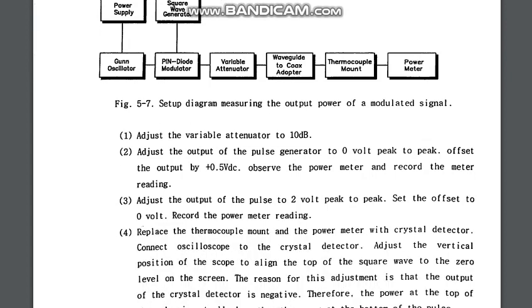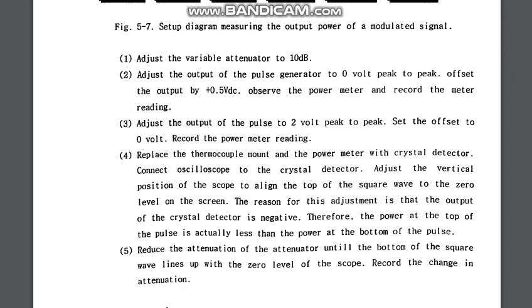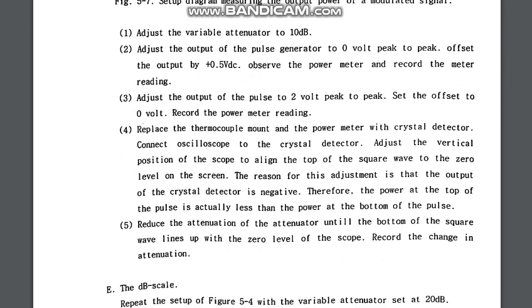The variable attenuator should be at 10 decibel. Adjust the output of the pulse generator to 0 volt peak to peak, offset the output by +0.5 volt DC, observe the power meter and record the meter reading. Adjust the output of the pulse to 2 volt peak to peak, set the offset to 0 volt, and record the power meter reading.